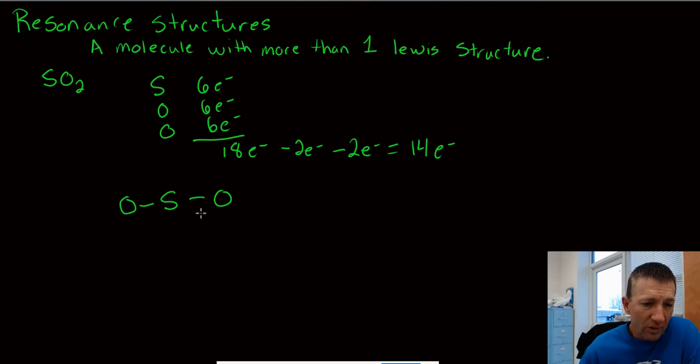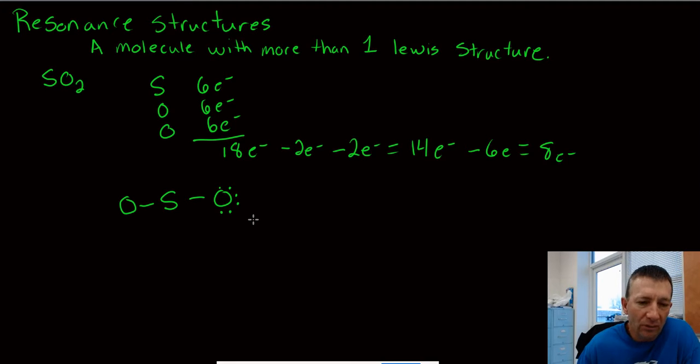If we put these electrons on the oxygens and the sulfur, we're not going to end up with enough. So if we have 14 electrons here, let's say we put 1, 2, 3, 4, 5, 6 on this one, so minus 6 electrons. Now we've got a total of 8 electrons left over.